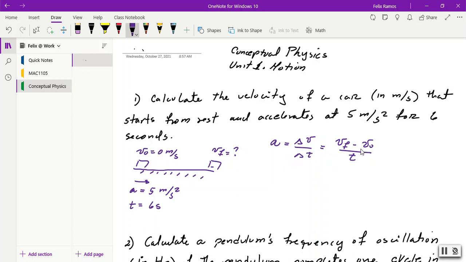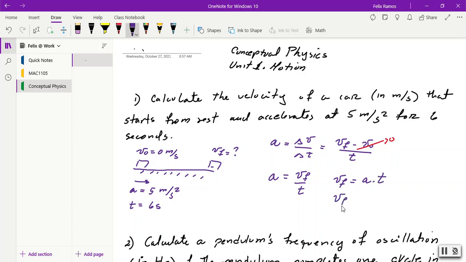Since our car is starting at rest, the initial velocity is 0. So now we have that the acceleration is equal to the final velocity over the time. So we solve for final velocity. Final velocity is equal to acceleration times time.